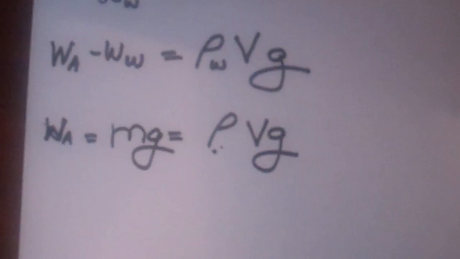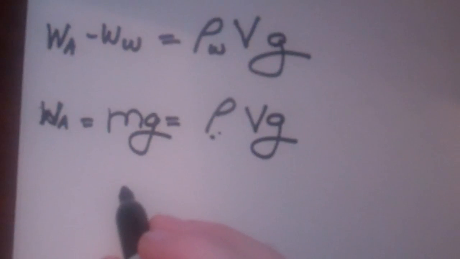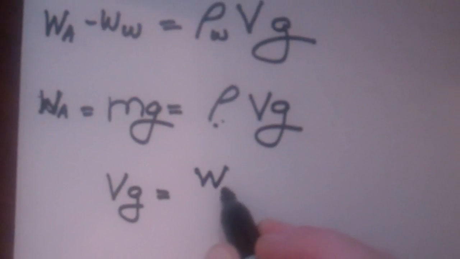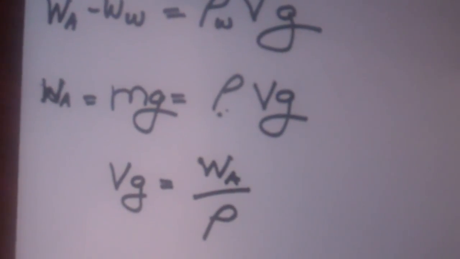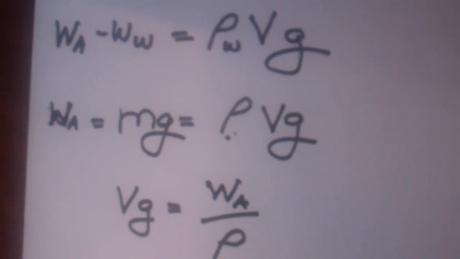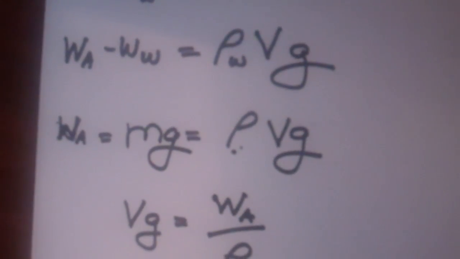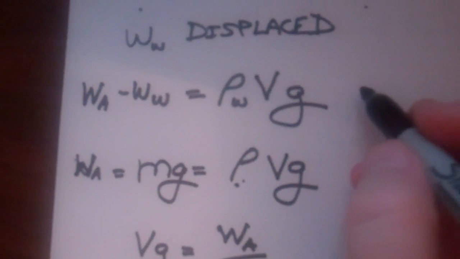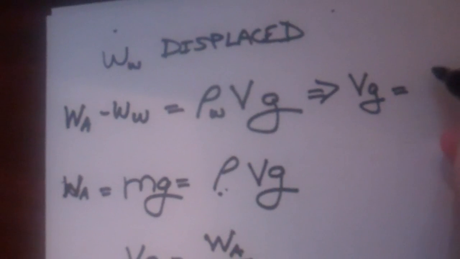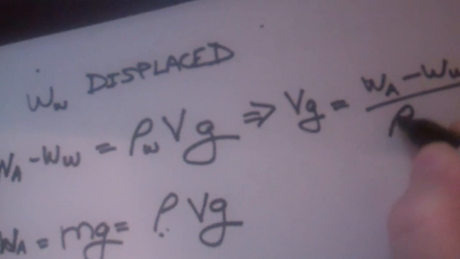Well, let's rearrange these terms just a little bit. Let's say that Vg is equal to the weight of the object in air divided by the density of the object. You with me so far? Well, this looks sort of familiar. It's up here, because we can also say from this that Vg is equal to the weight of the object in air minus the weight of the object in water divided by the density of water.